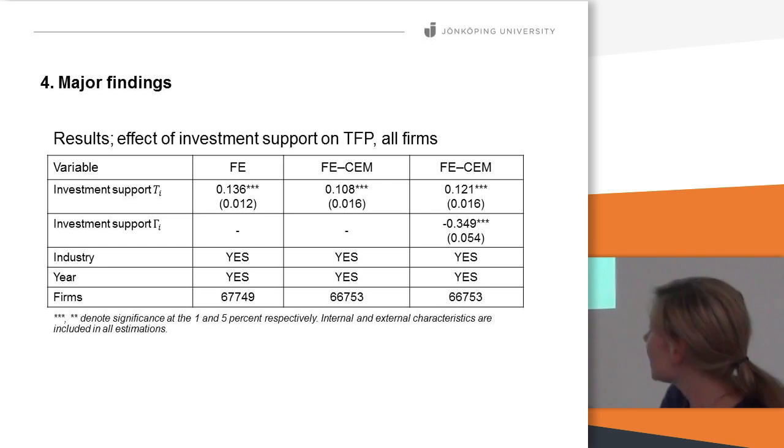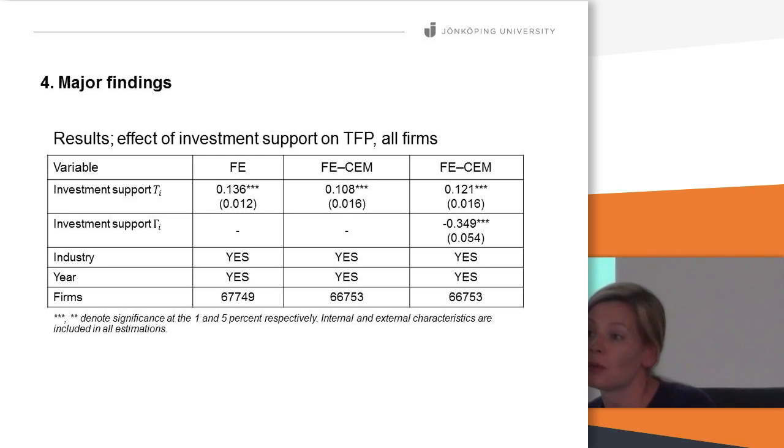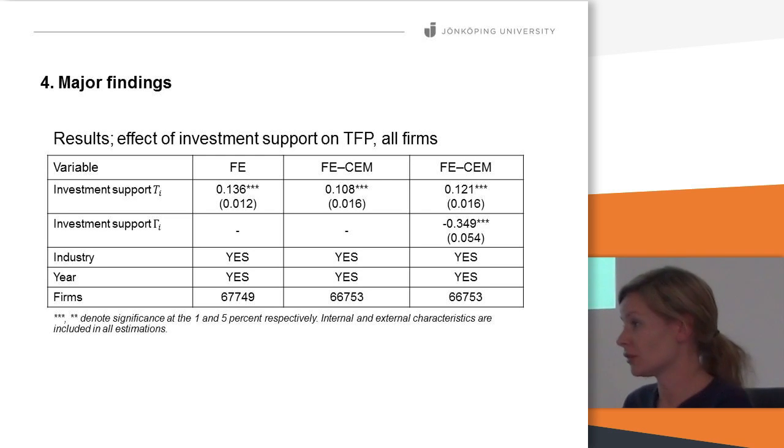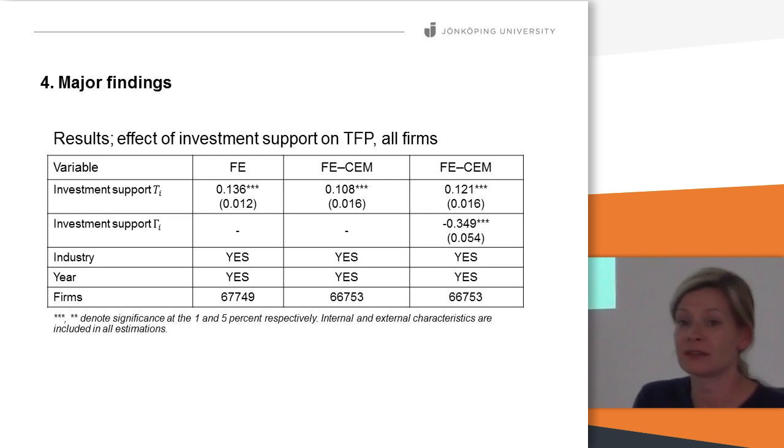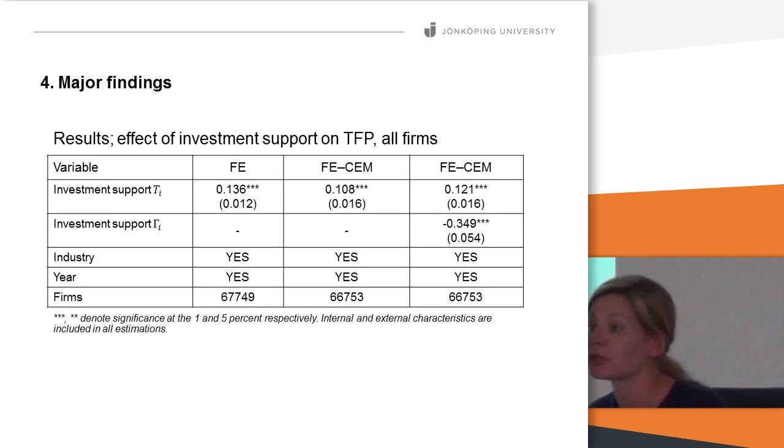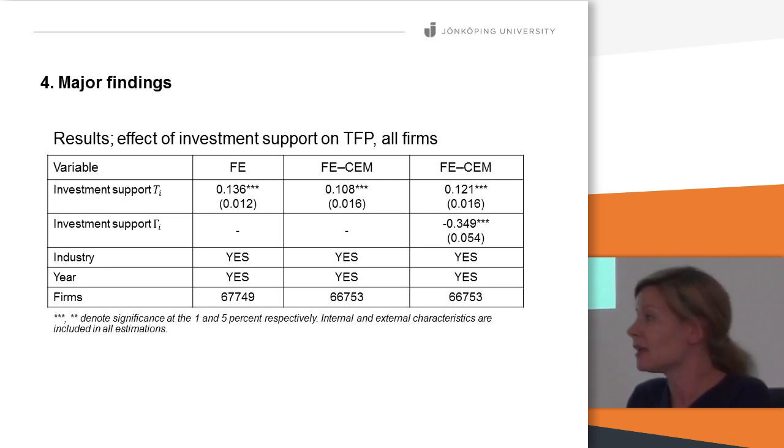If we recalculate these two marginal effects, we get a marginal effect of around 9%. So firms in the treatment group have on average a 10% higher productivity compared to those that didn't receive support. And this is a very plausible result because it reflects that the support receiving firms have made investments that made it possible for them to increase their productivity. But that's just one part of the picture.